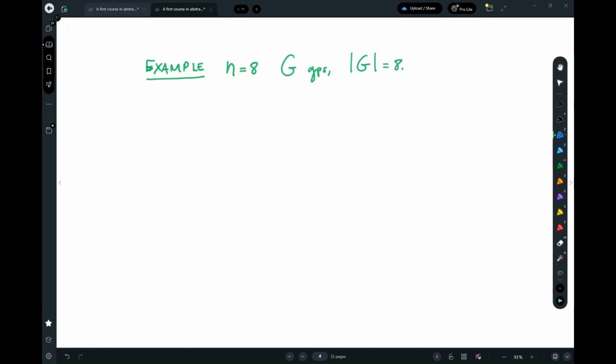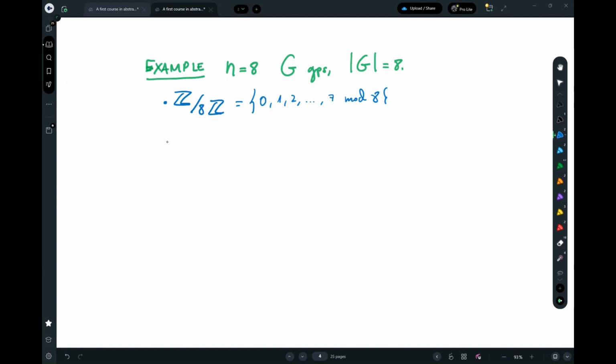And I'm going to give you a few of them. For example, Z modulo 8 is such a group. It is such a group because it is a group with exactly 8 elements. It consists of the classes 0, 1, 2, up to 7 modulo 8. So it has 8 classes.